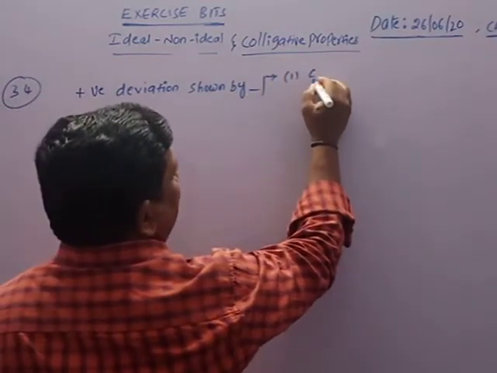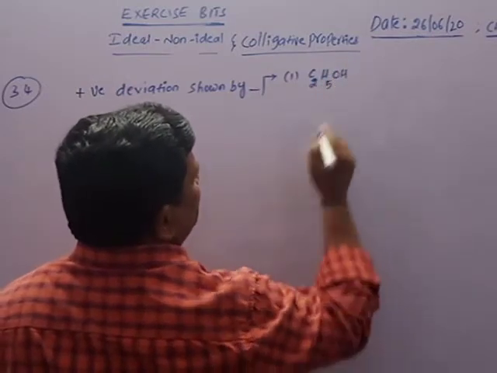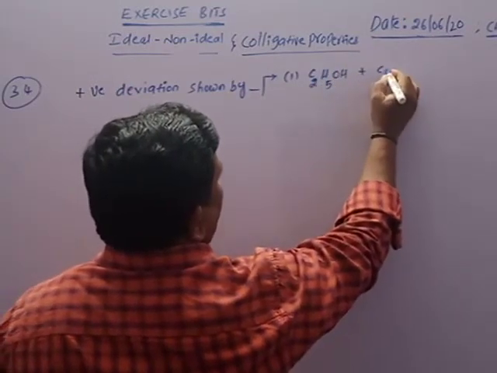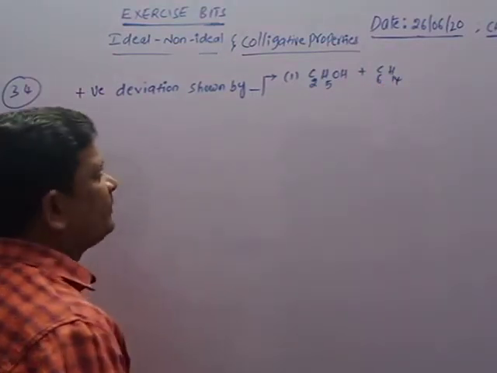Ethyl alcohol is C2H5OH, plus hexane, C6H14.